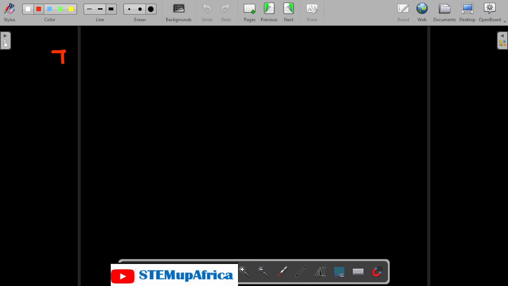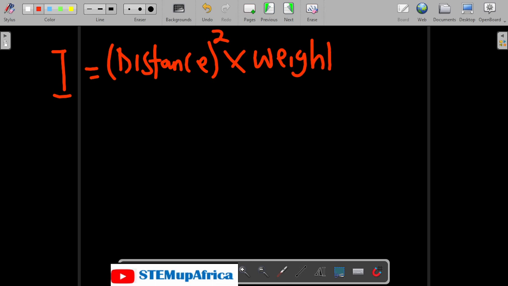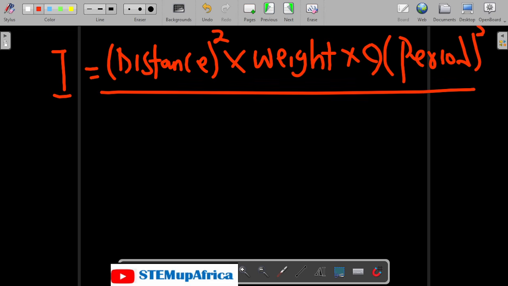So our I is given as distance squared times weight times g, open bracket, period all squared, divided by 16 times pi squared times length.